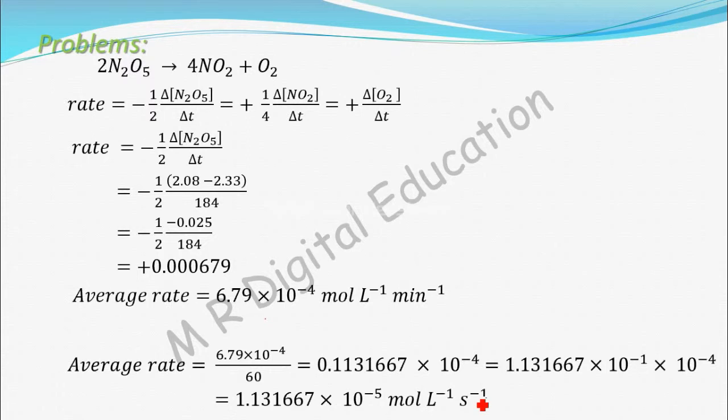Now you have to find this average rate in terms of per hour. This is in second, so if you multiply by 60 you will get it in terms of minute. Again if you multiply by 60 you will get it in terms of hour. See how I have calculated.